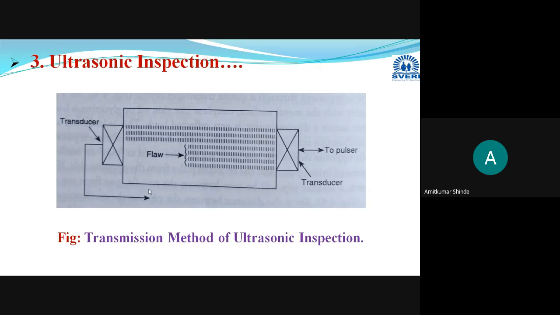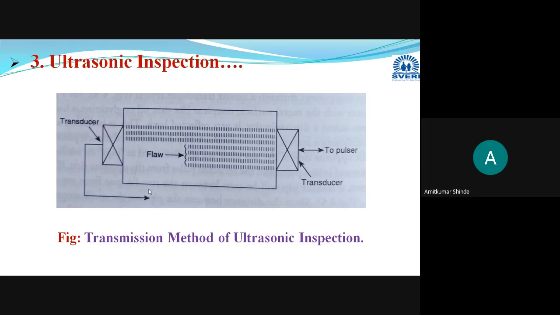This relates to the applications. At the end, you have to mention some applications for each inspection method. This ultrasonic inspection method can be used for detecting cracks, porosities, or any type of inclusion or discontinuity in metallic as well as non-metallic components.